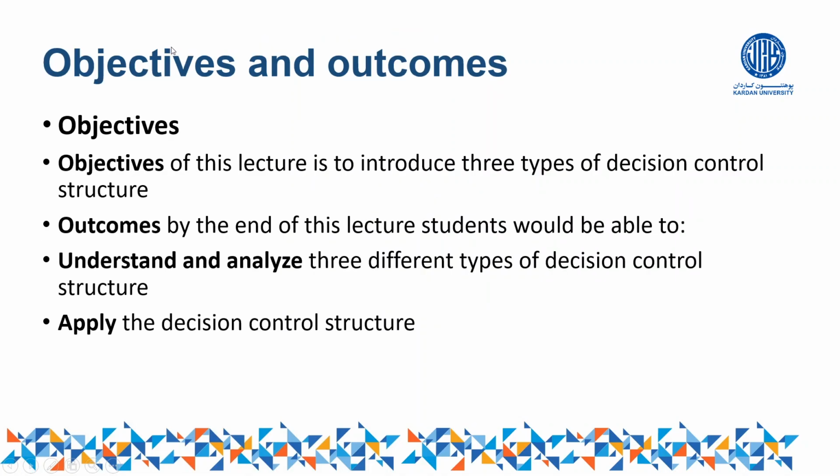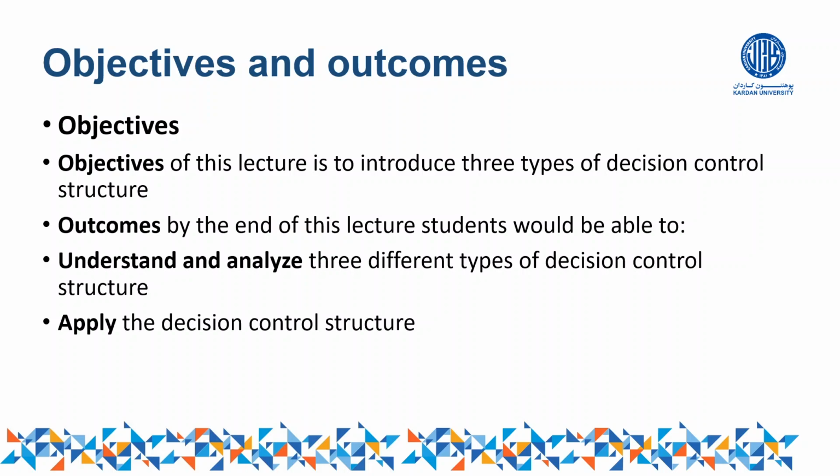Now, objectives and outcomes of today's session. The objective of this lecture is to introduce 3 types of decision control structure. We will see what those 3 types are, and based on them we will apply these decision structures in writing our program.